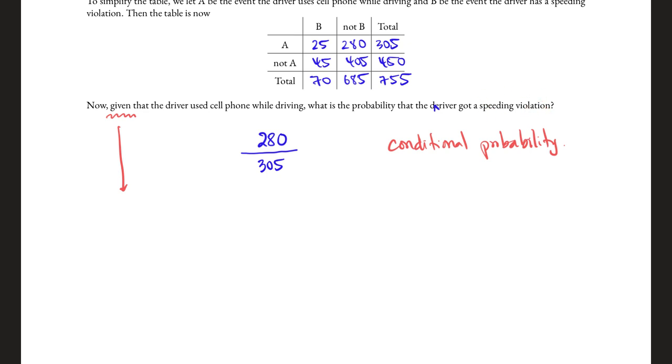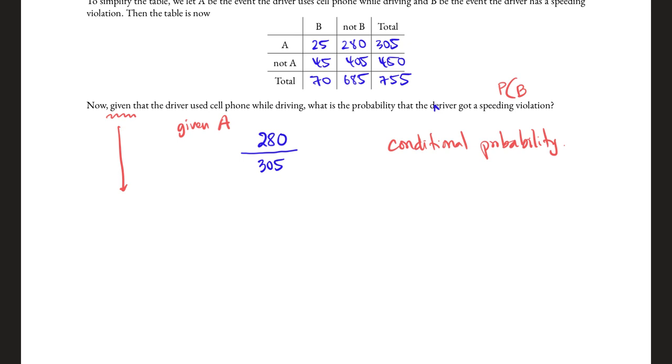In this case, we are given A because we let A be the event that the driver used cell phone, and we're looking for the probability of B because B is the event that the driver got a speeding violation. But again, it is not simply the probability that the driver got a speeding violation, it is the probability that the driver got a speeding violation given that he or she used cell phone while driving.